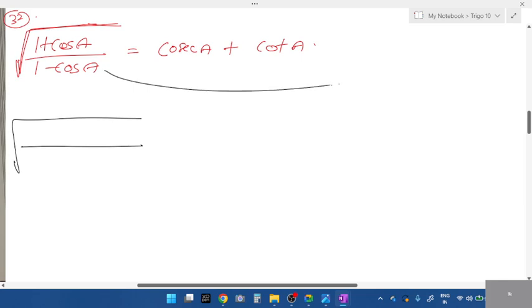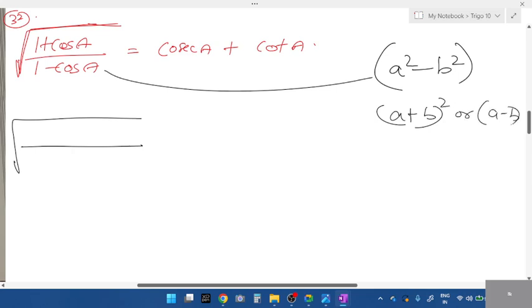In the denominator, remember, we always go with the a square minus b square concept. And the numerator can be a plus b the whole square, or a minus b the whole square. It depends on the numerator value, students. What is given in the numerator, plus or minus? Plus. So it is definitely going to be a plus b the whole square.